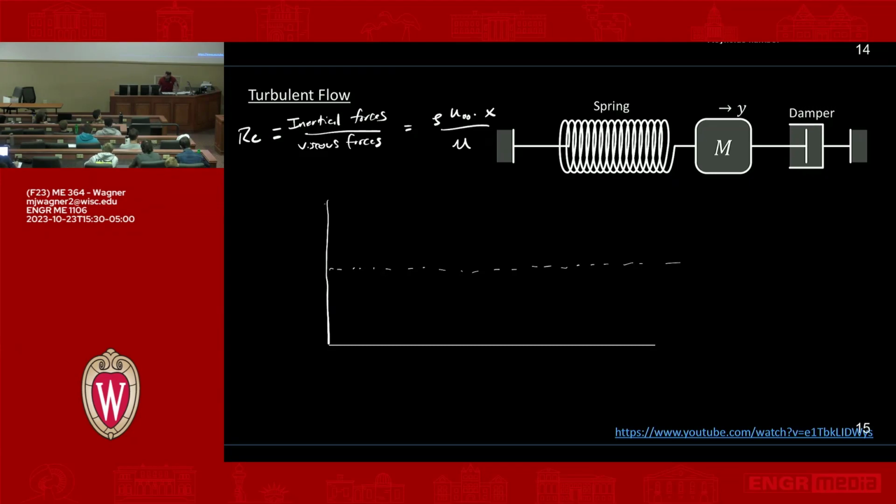Let's start by displacing this mass some distance delta. You take that spring and you stretch it, you displace it. If there's a huge amount of inertia associated with this mass, and the spring is a really, really weak spring, what's going to happen?